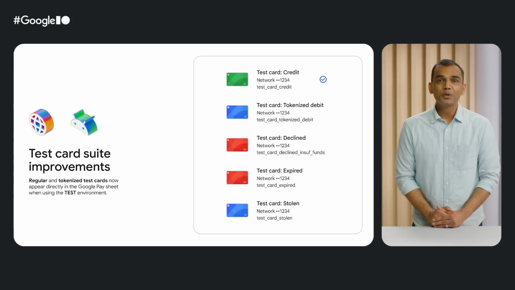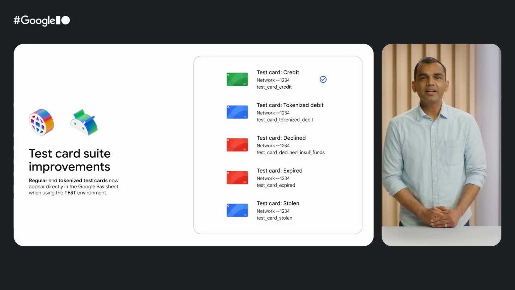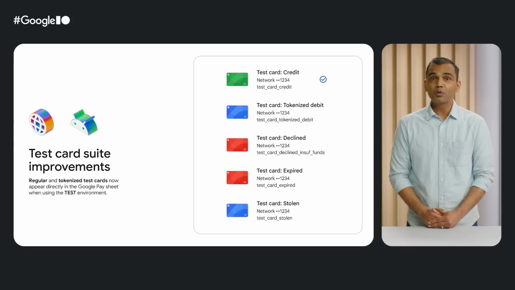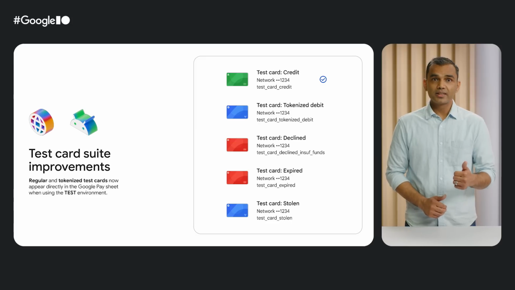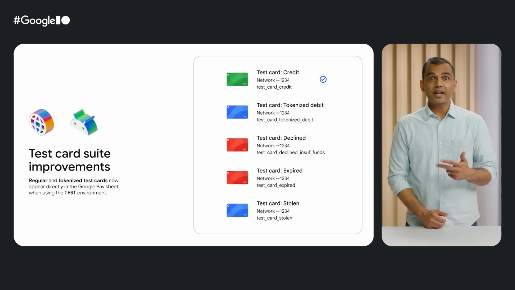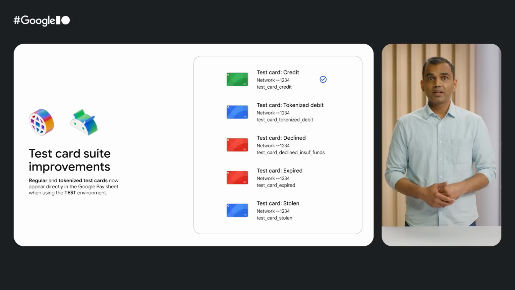Use these cards to run manual or automated end-to-end tests and strengthen the quality of your payment flows. Updates include regular and tokenized test cards, debit cards, and test cards now appear directly in your Google Pay sheet when using the test pay environment.